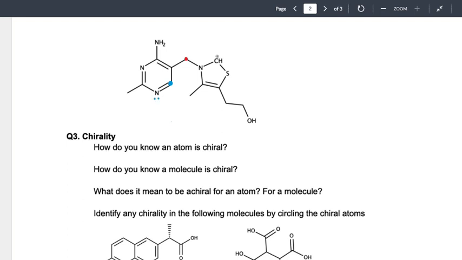Are we implying lone pairs or are we implying hydrogens? So anything not carbon, you have to explicitly state your hydrogens because we will imply lone pairs. And it's always implied that the octet is full.